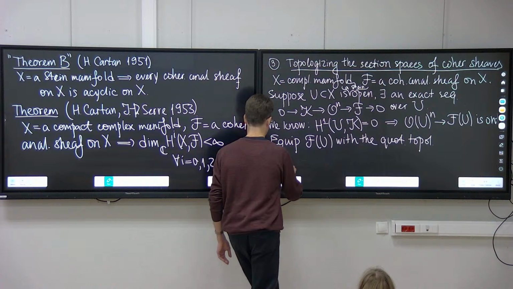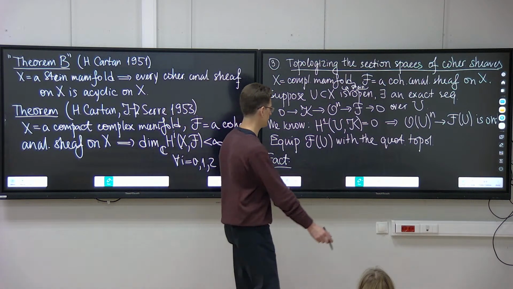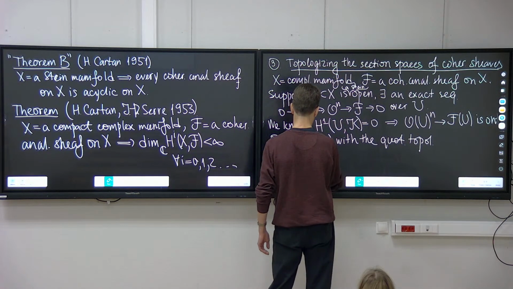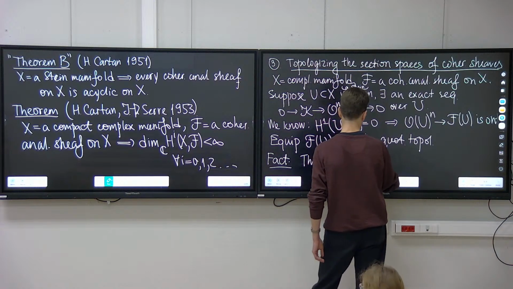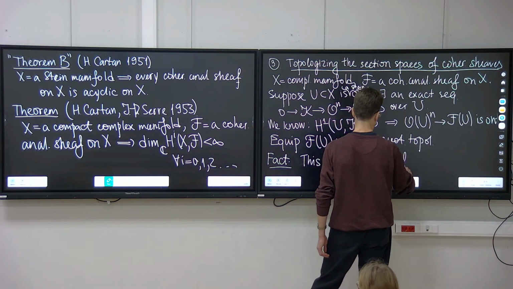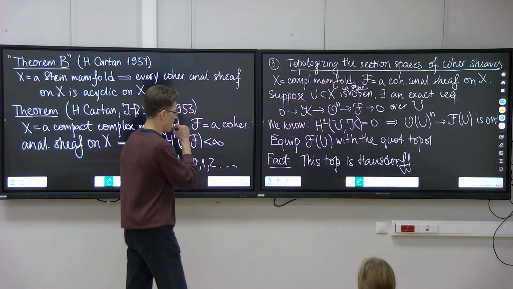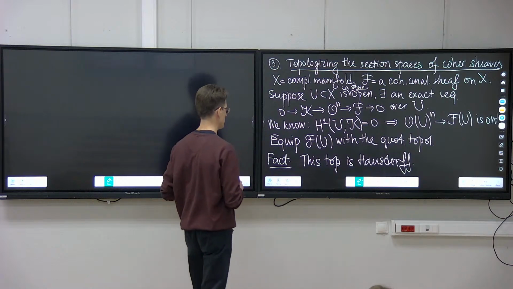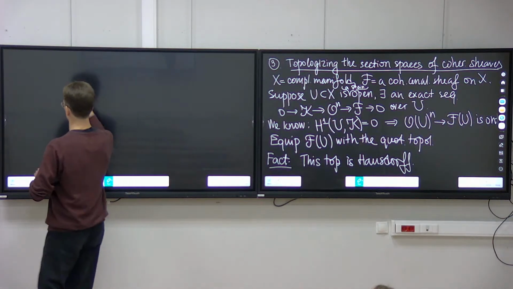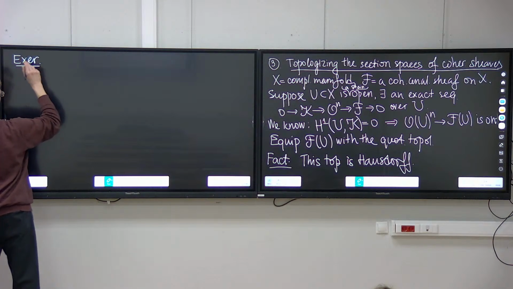We have the following fact, which is not entirely trivial, but it's true, that this topology is Hausdorff. And also, this is much easier, so this is an exercise for you.